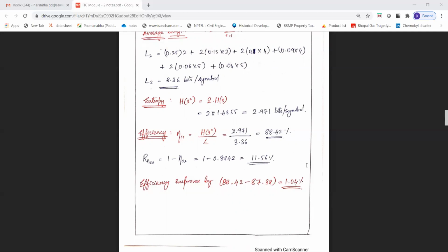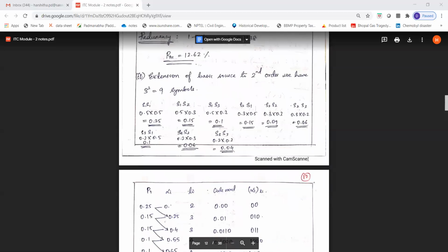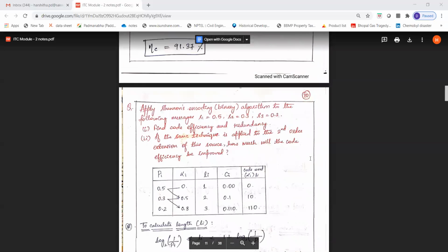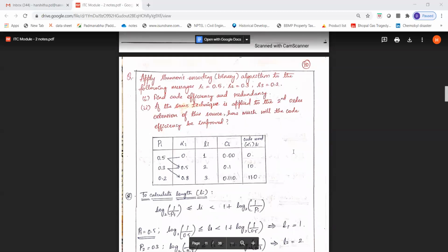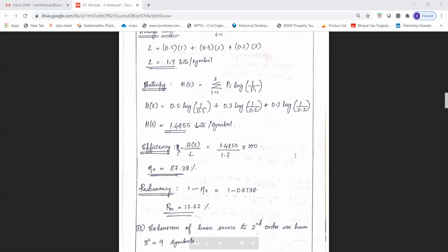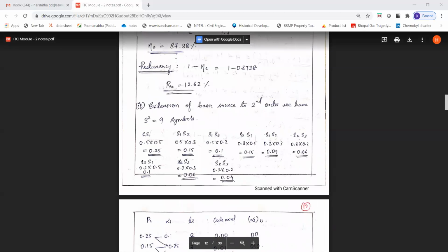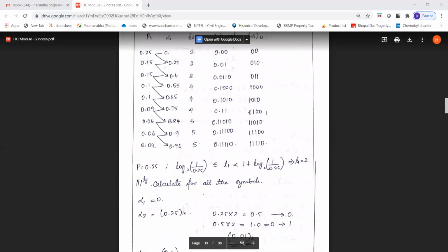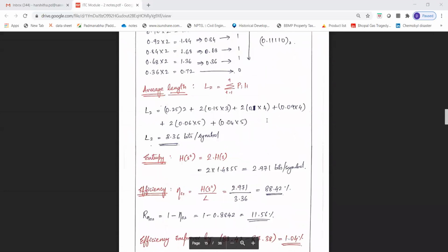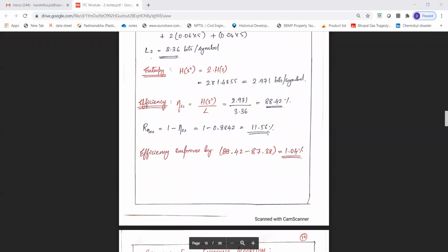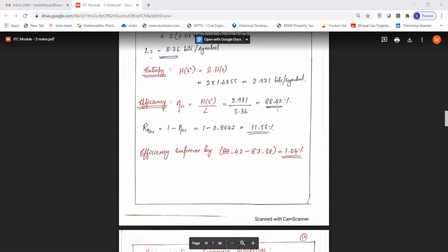Next, in the question, they've also asked by how much the efficiency is improved if we consider the second extension. Okay, so the efficiency in the first case we got as 87.38%, whereas in the second extended source we got the efficiency as 88.42%.